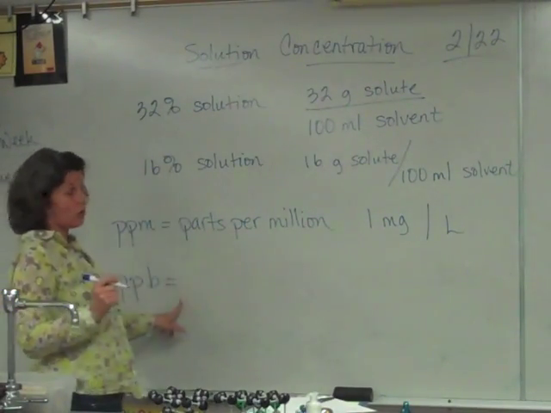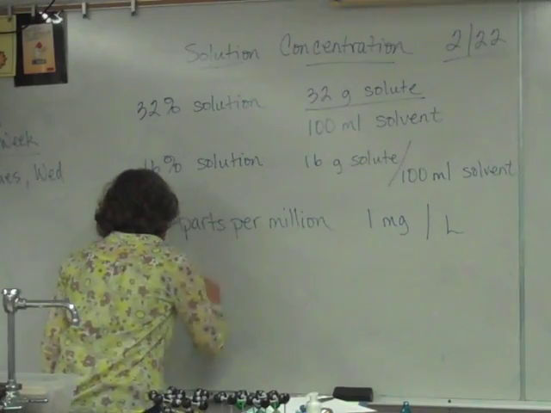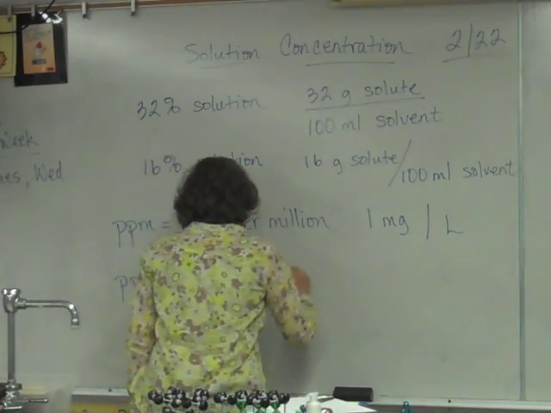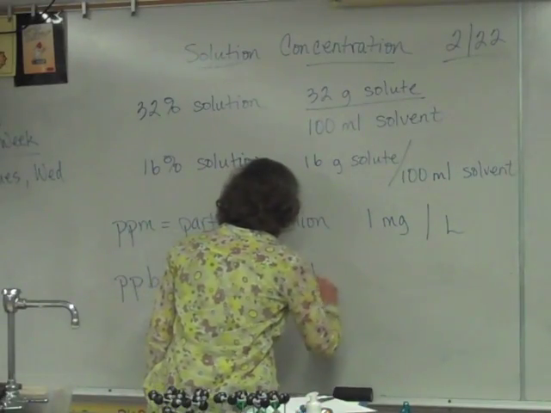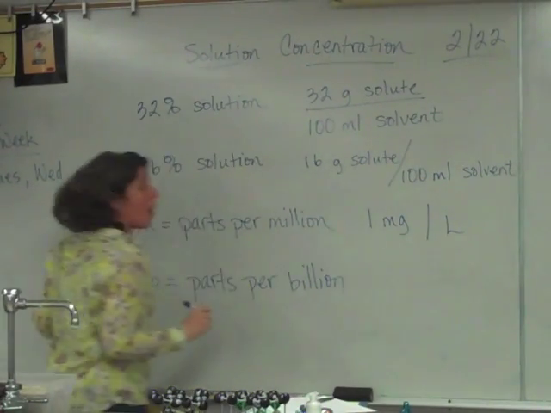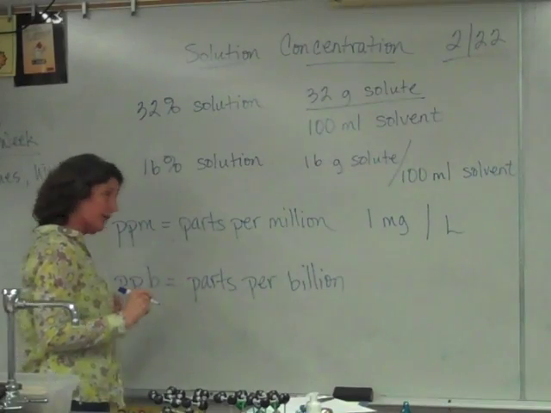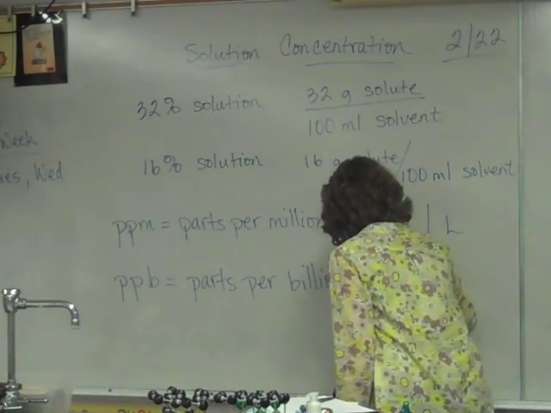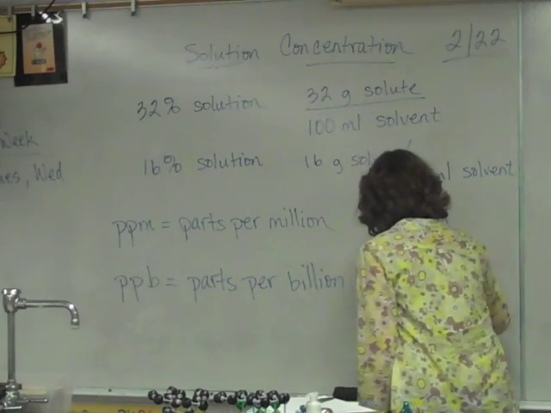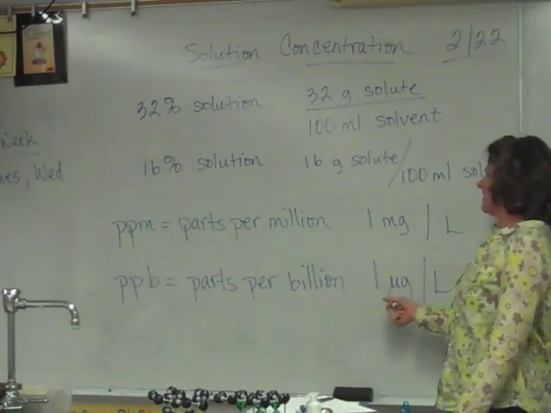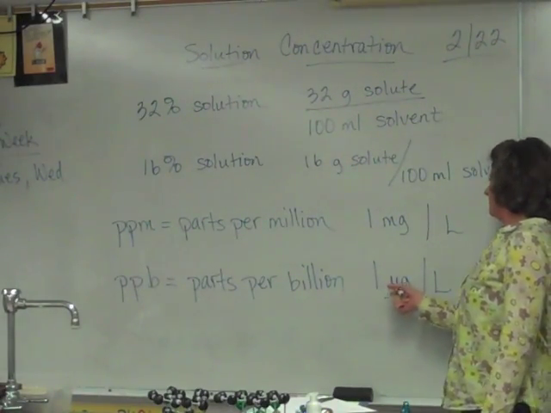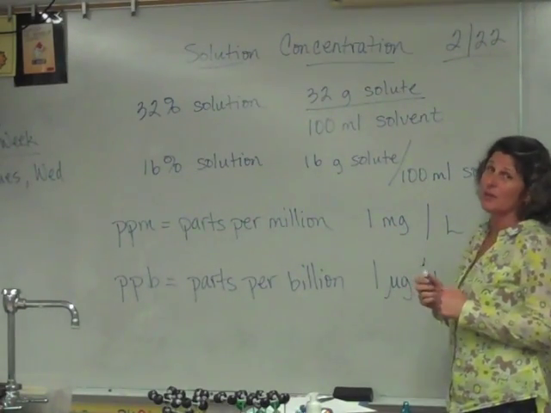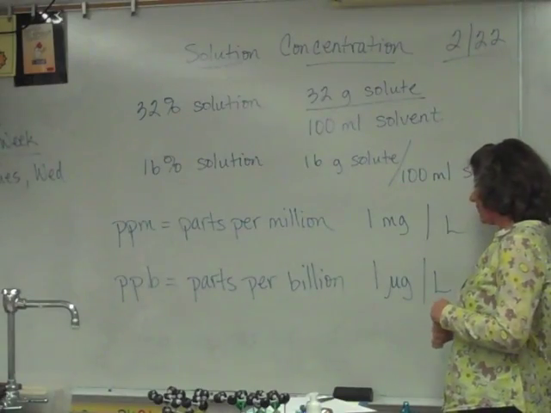So for instance, 1 part per billion would be 1 microgram per liter, which is 1,000th of a milligram. 1 times 10 to the minus 6 is what a microgram is.